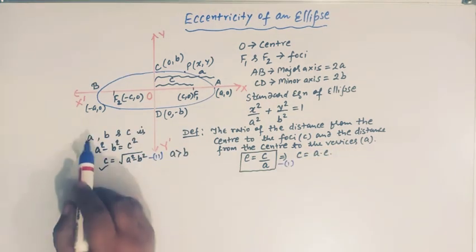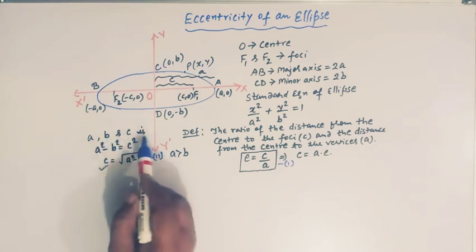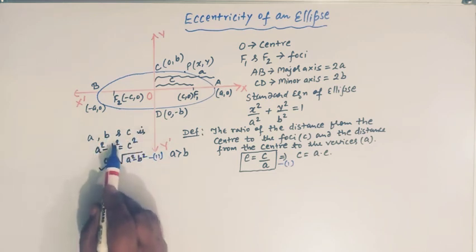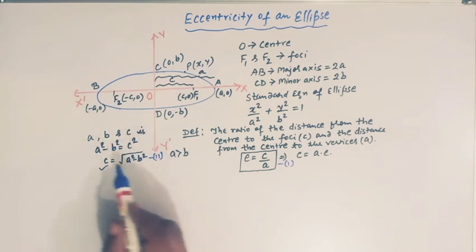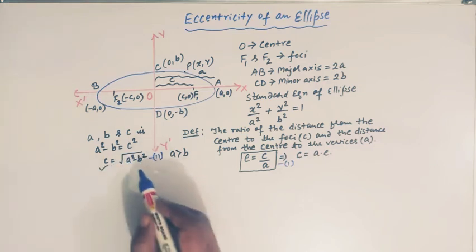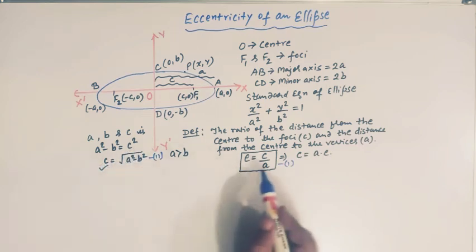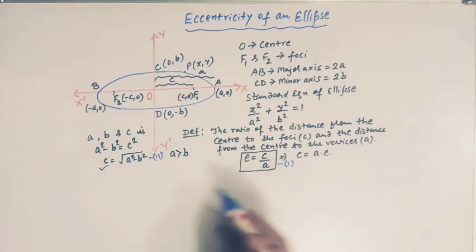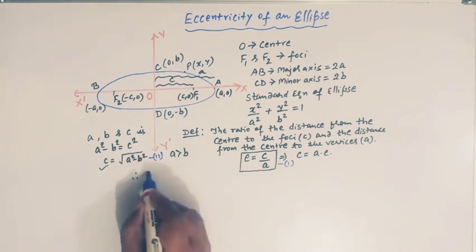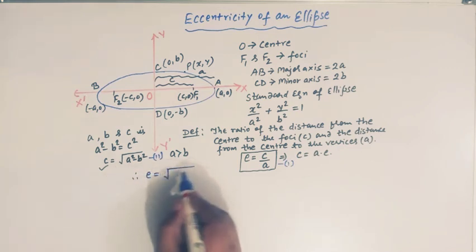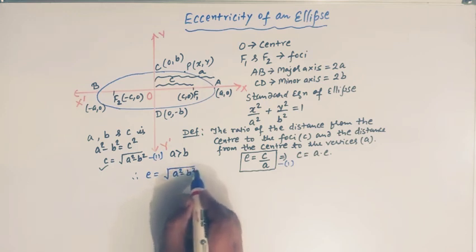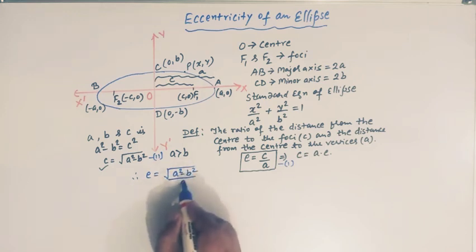Now the relation between a, b and c is given by a squared minus b squared equals c squared. So c can be written as the square root of a squared minus b squared. Substituting the value of c from this equation into equation number 1, we get e equals the square root of a squared minus b squared divided by a.